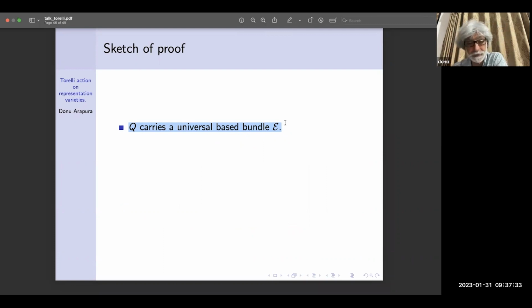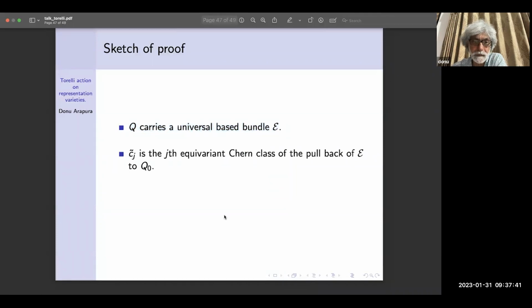So there's a universal based bundle, we'll call it E, or script E. Now I can tell you what these universal classes are, the c_j tilde: they're the jth equivariant Chern class of the pullback of E to Q naught.